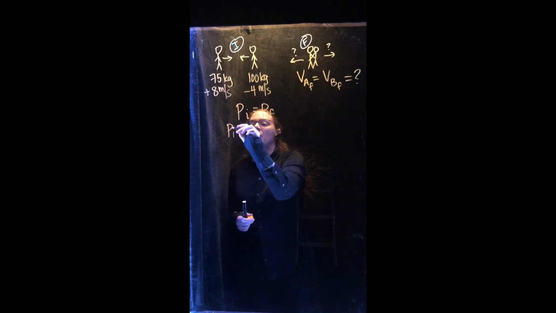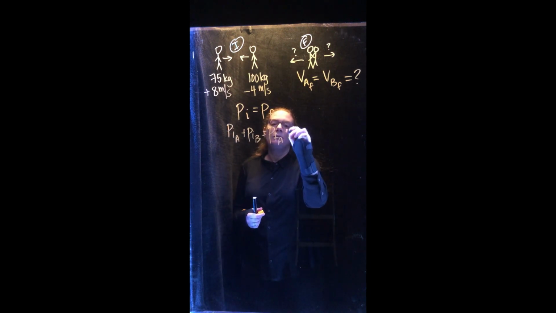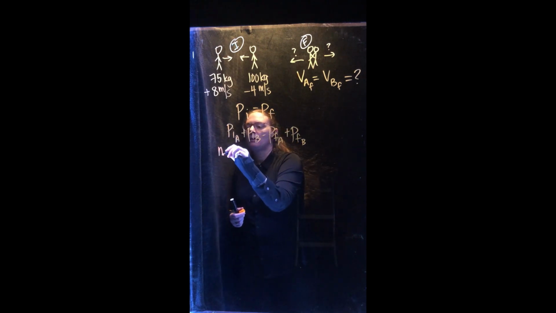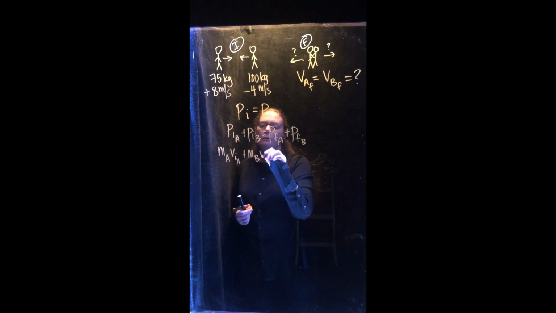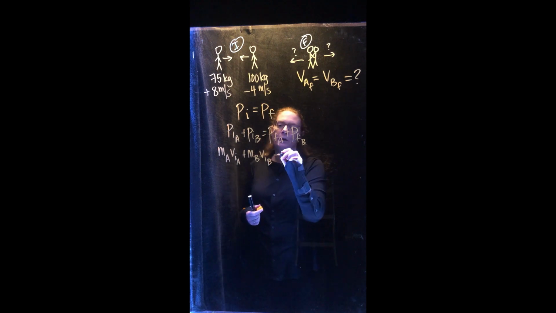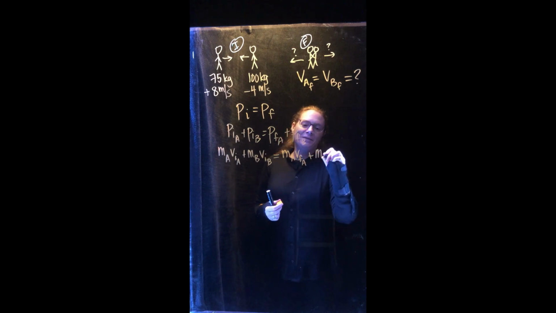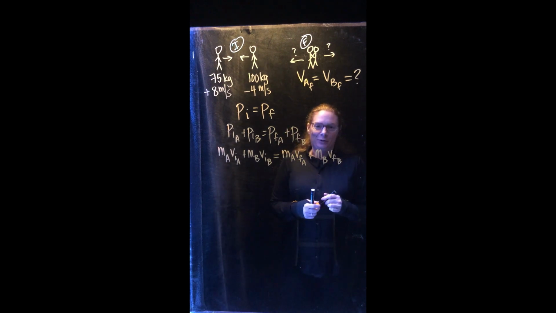So that's going to be P initial A plus P initial B equals P final A plus P final B. So this will be mass of A, V initial A, plus mass of B, V initial B, equals mass A, V final A, and mass B, V final B. Keeping track of subscripts is going to be the key to solving these problems.